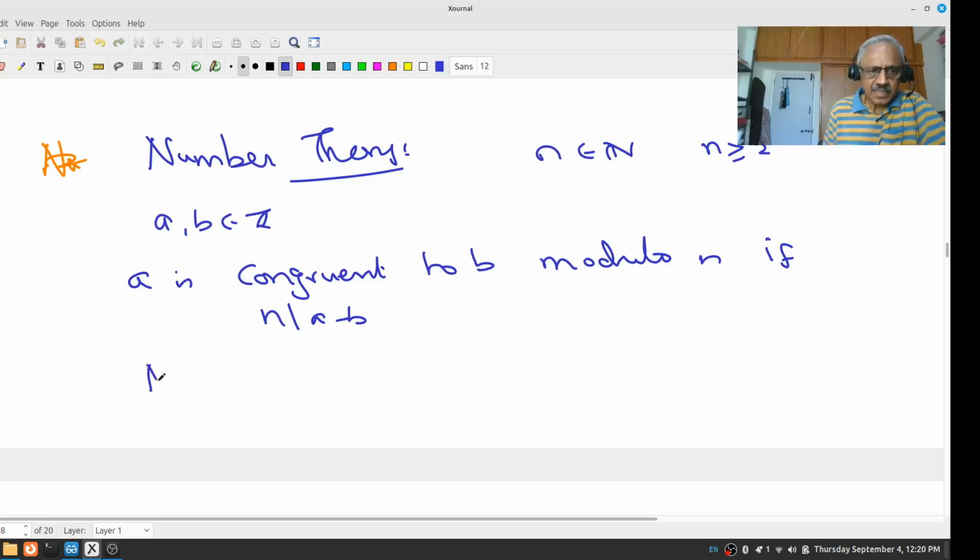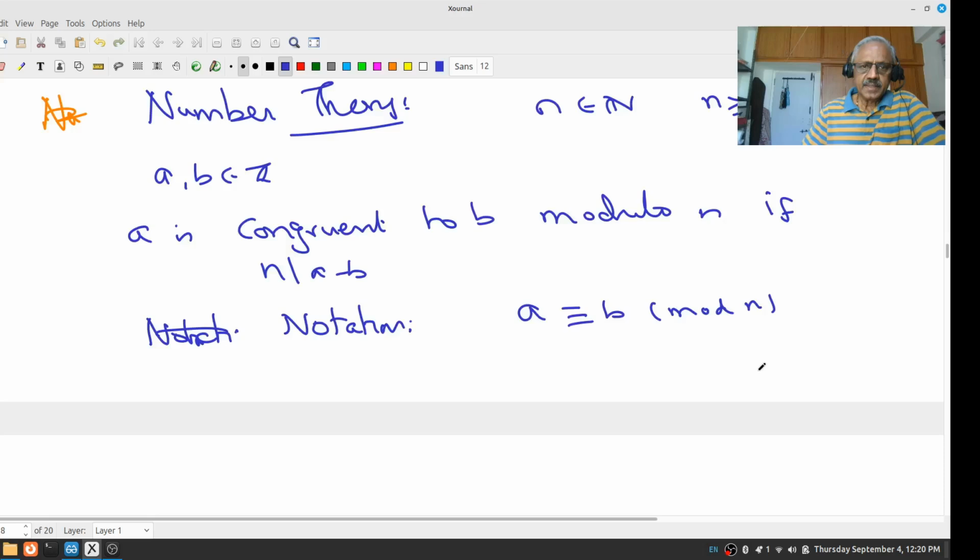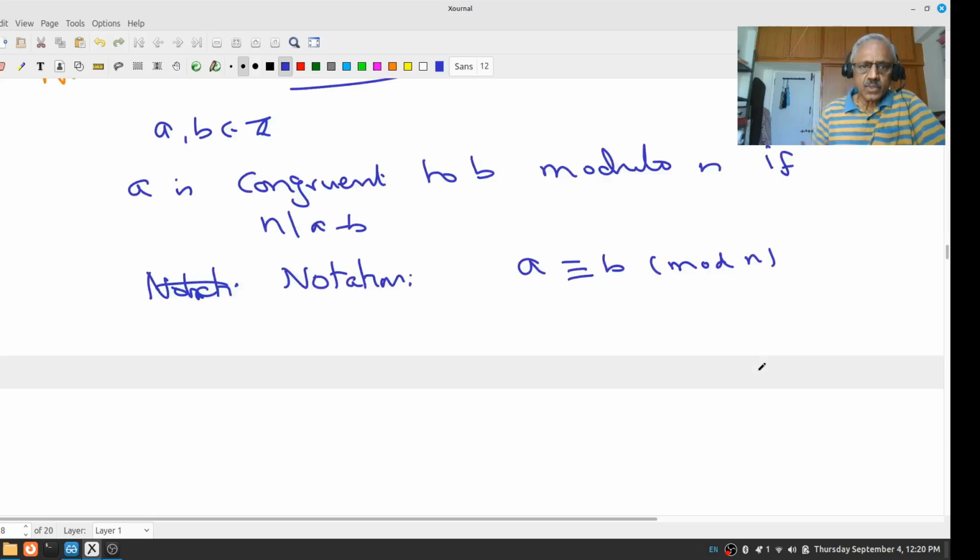Okay, this is written as a notation. So this notation is the same as what we meant by a is related to b. Right, a is congruent to b is the same as a is related to b.